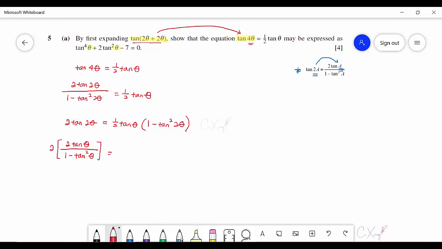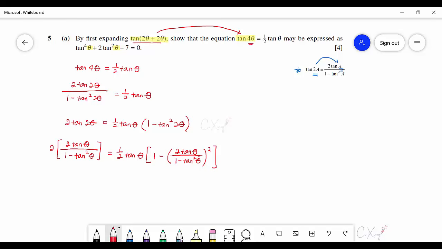Okay, the same thing happens for the right hand side. I will have 1 minus, okay, so again tangent 2 theta I'll write as 2 tangent theta divided by 1 minus tangent square theta, and I need to square it because I'm having the tangent 2 theta square, right? So I have to square the whole bracket.